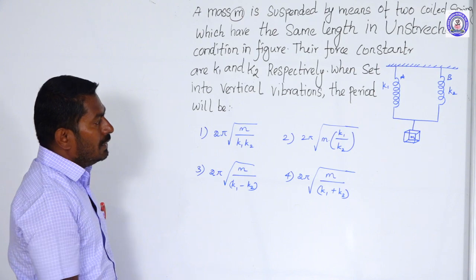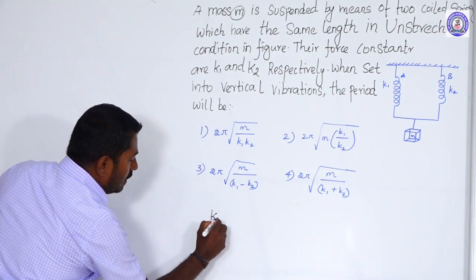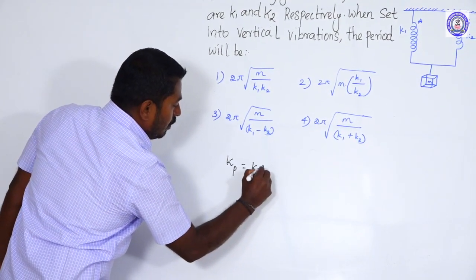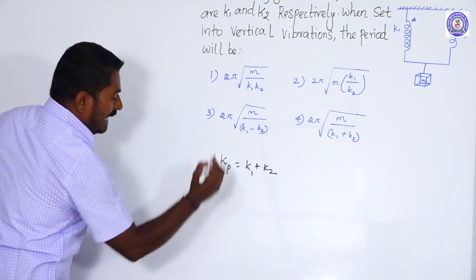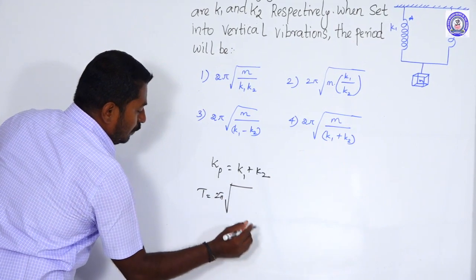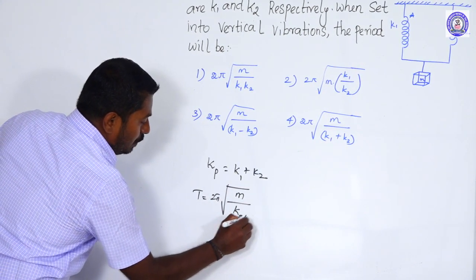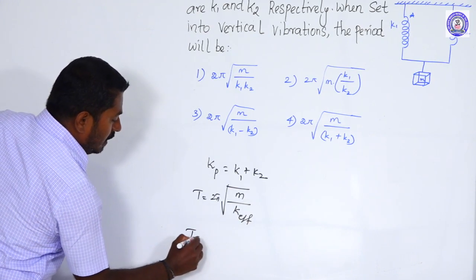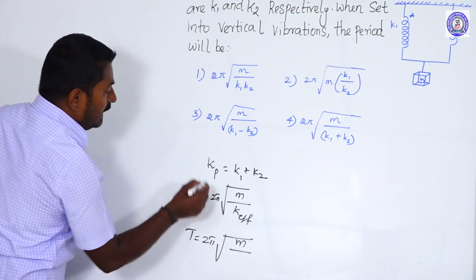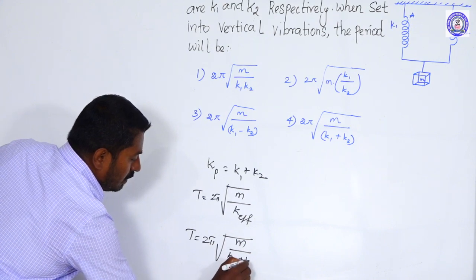These two springs are connected in parallel, so the effective spring constant Kp is equal to K1 plus K2. The time period T is equal to 2 pi square root of M divided by the effective spring constant, K1 plus K2.